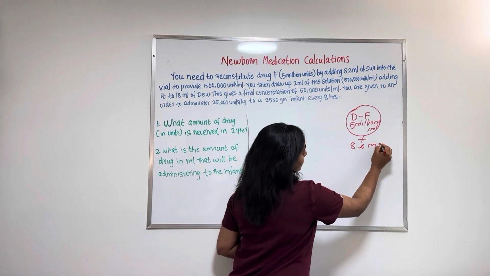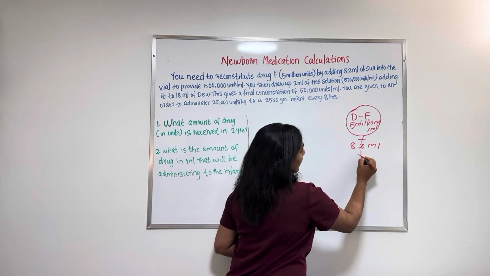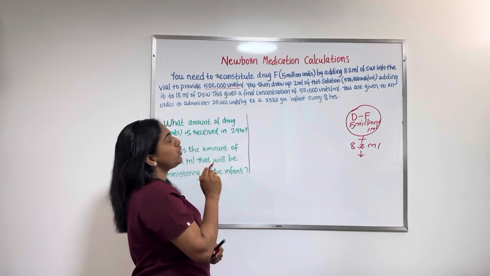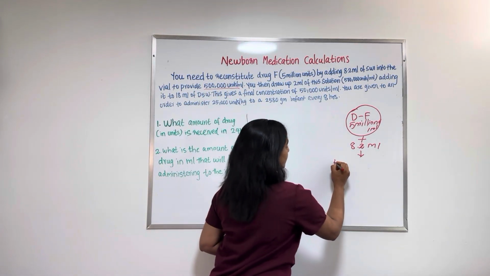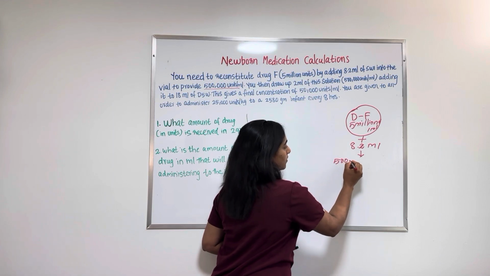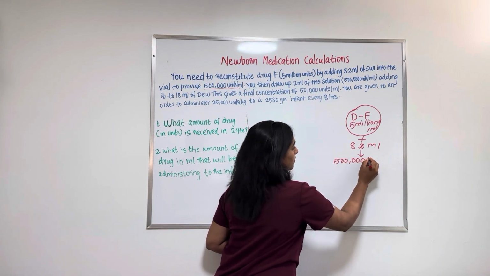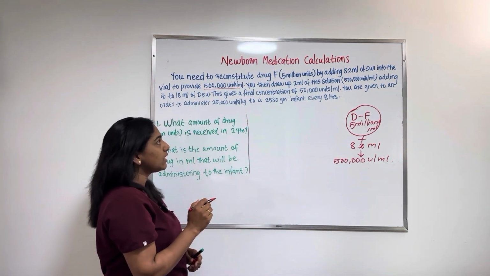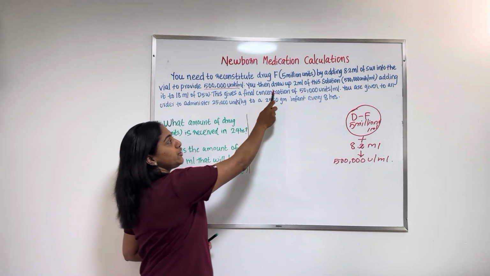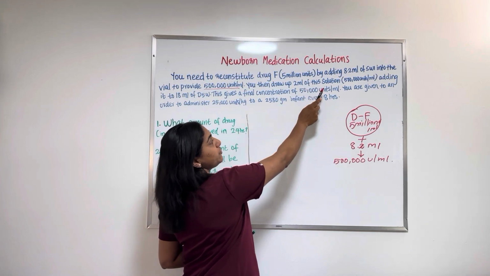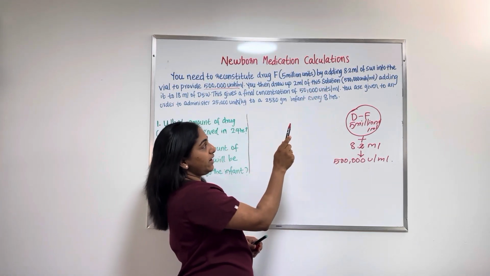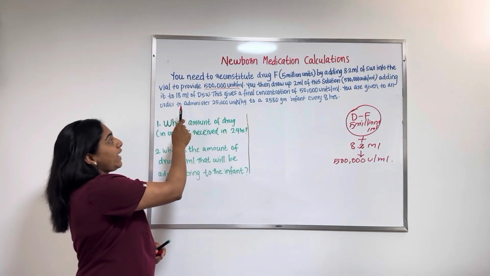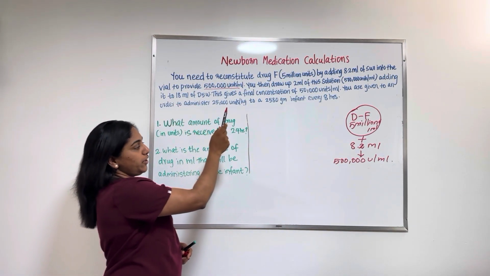8.2 ml, which gives here 500,000 units per ml. Then you need to draw up 2 ml of this solution, which contains 500,000 units per ml, by adding it to 18 ml of D5W.